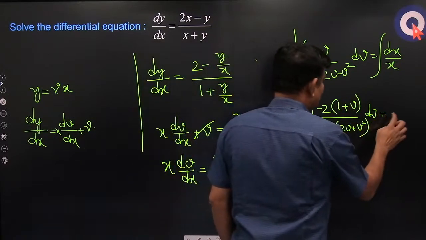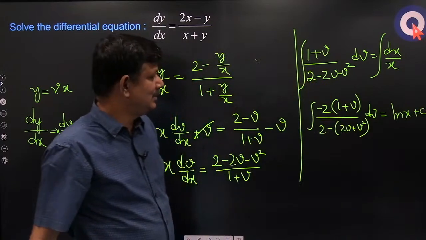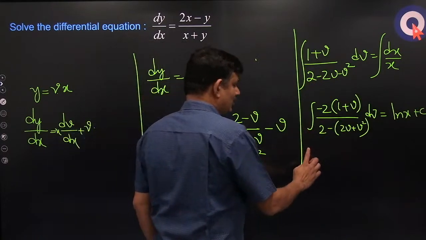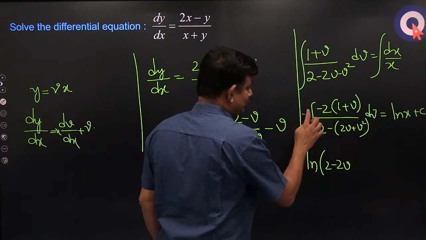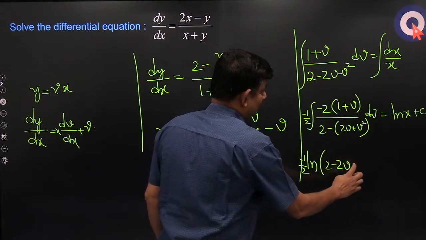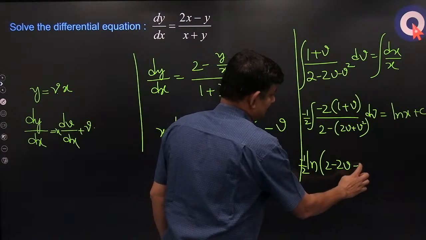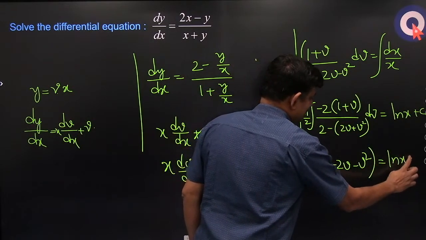So for your convenience it was given very easy integral. तो ये कितना हो जाएगा? log of 2 minus 2v माइनस v स्क्वायर, मल्टीप्लाई किया तो डिवाइड भी करना होगा, -1/2 आएगा, इज इक्वल टू log x प्लस c.